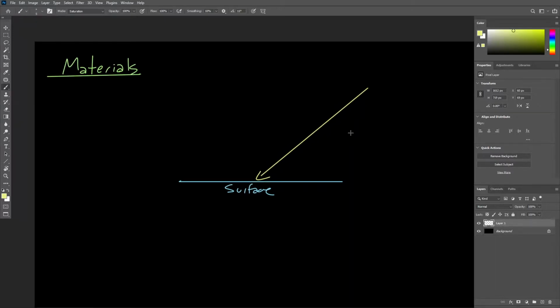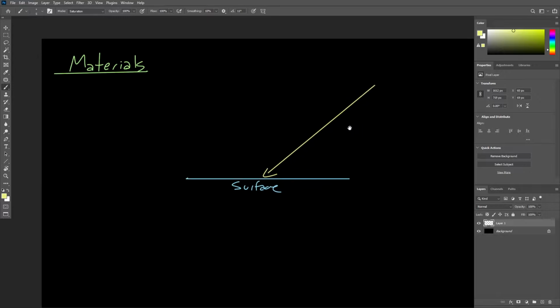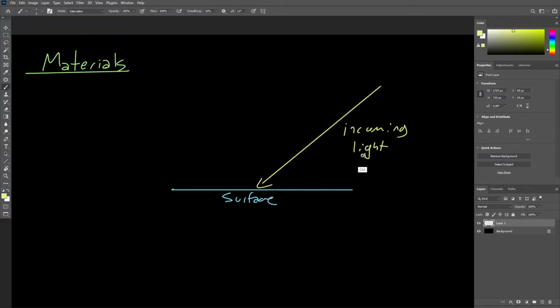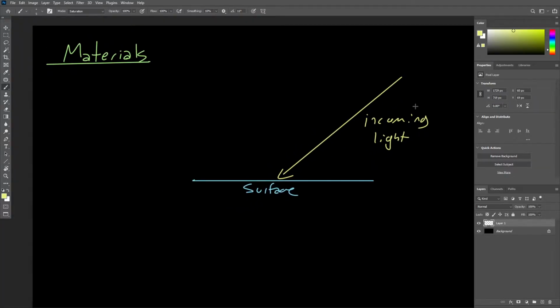So a BRDF, a bidirectional reflectance distribution function, considers light from an incoming direction and determines how much of that light is reflected off a surface at a certain point. And it will be reflected off in the view direction, right?